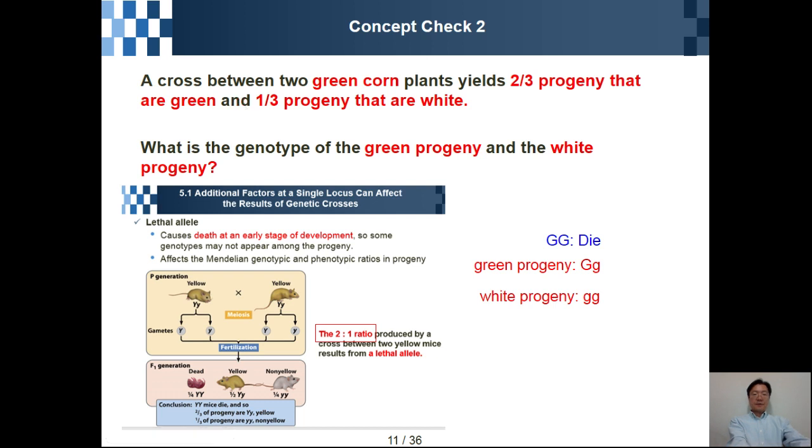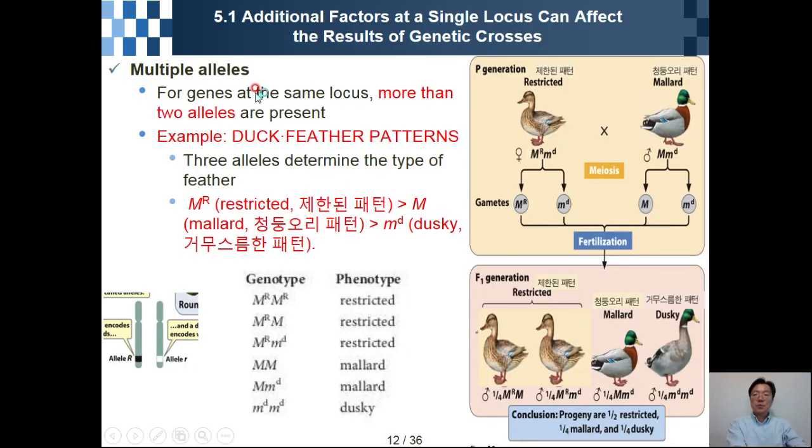In this slide, we will see another additional factor that can affect the result of genetic crosses: multiple alleles. Usually for genes at the same locus, two alleles are present, but in these cases, more than two alleles are present.